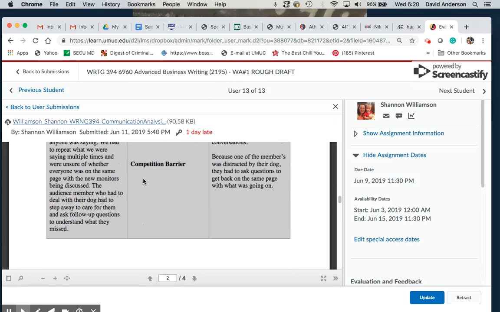The purpose is to help you target and focus on one element and then analyze how that element is in play. This is a key skill you will be utilizing in your final paper.